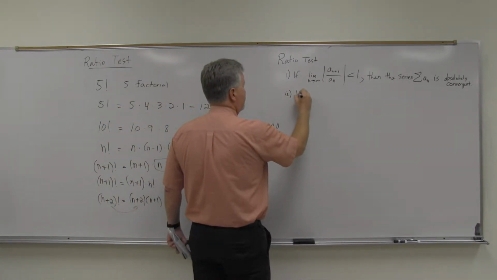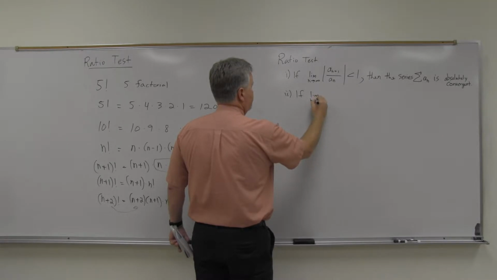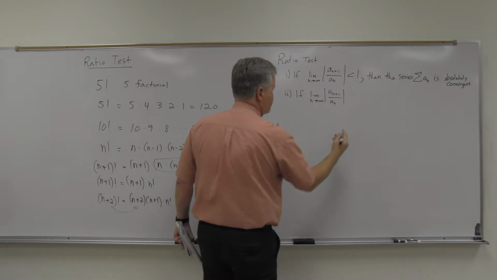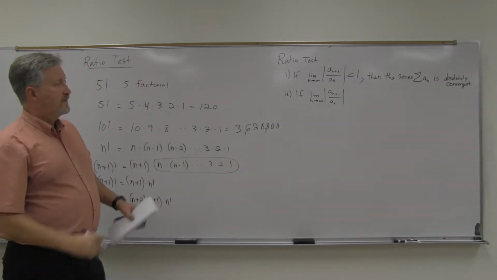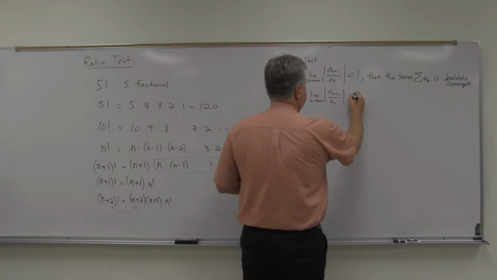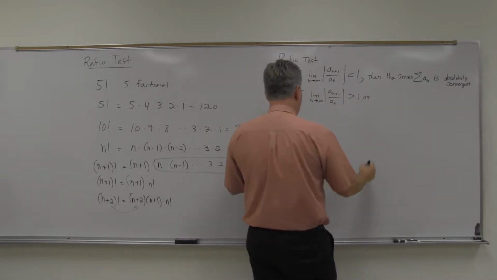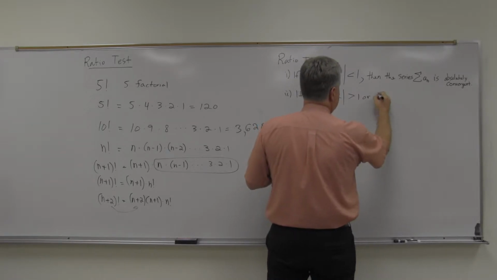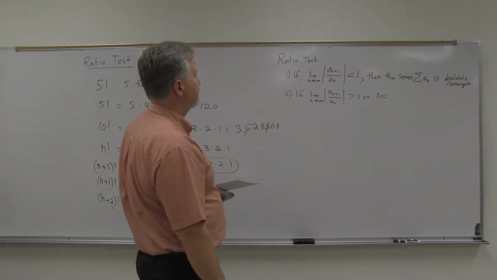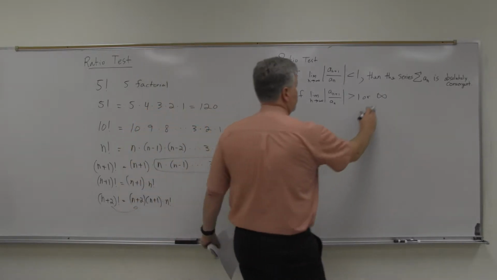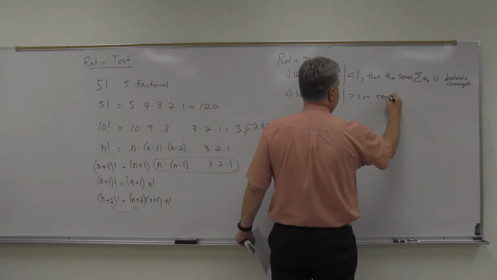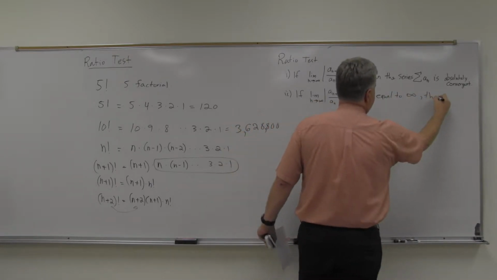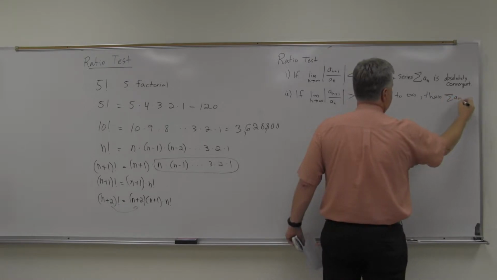All right, so then number 2, if the limit as n goes to infinity of a sub n plus 1 over a sub n, so it's the same limit that we're looking at, if that turns out to be greater than 1, or equal to infinity, then the series diverges.